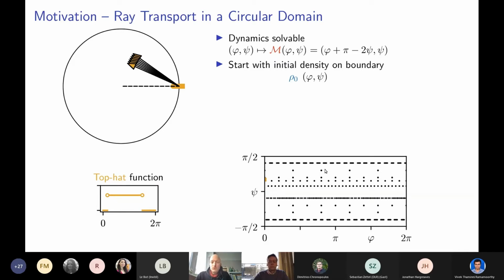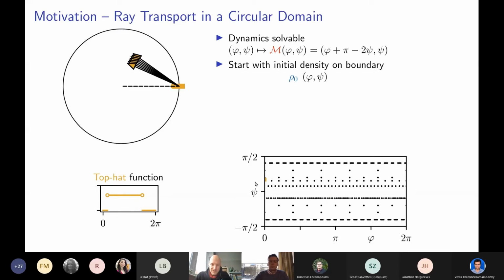This means that we are not just using single trajectories, but we can use a function, for example, a top hat function, which is 0 somewhere and then jumps to 1 and then jumps to 0 again somewhere else. And we can take a direct product in phi and psi direction so that we have a rectangle of initial conditions here.